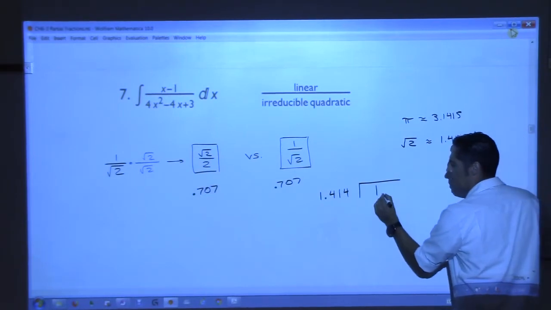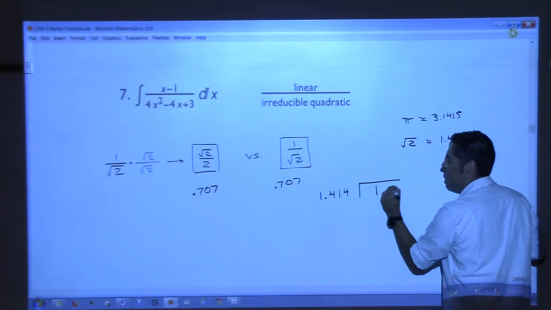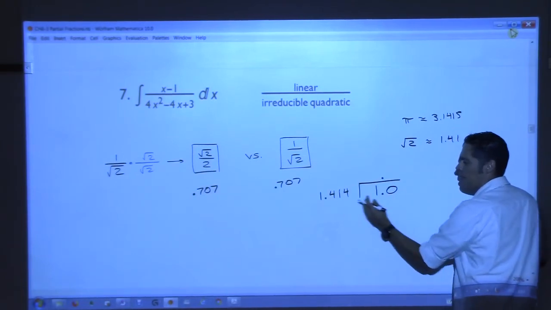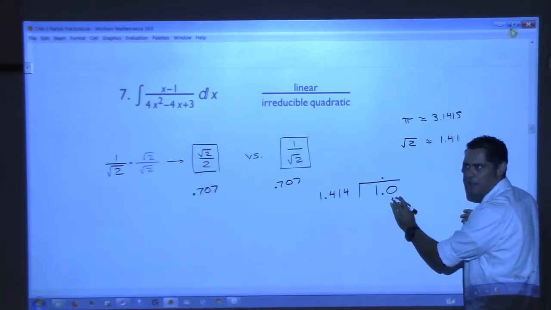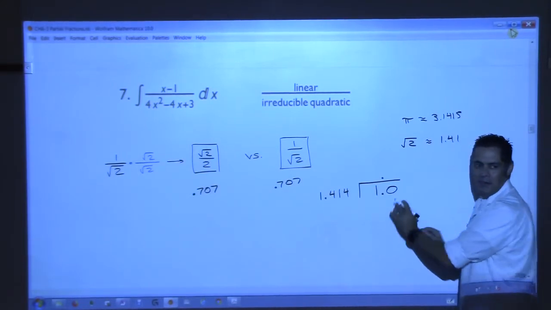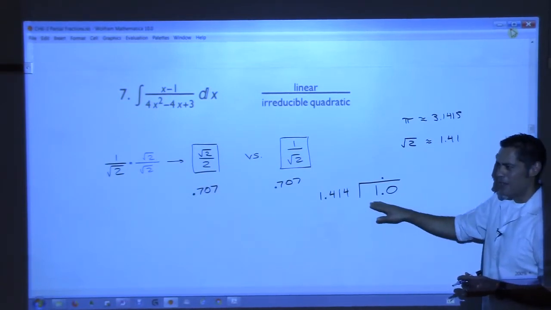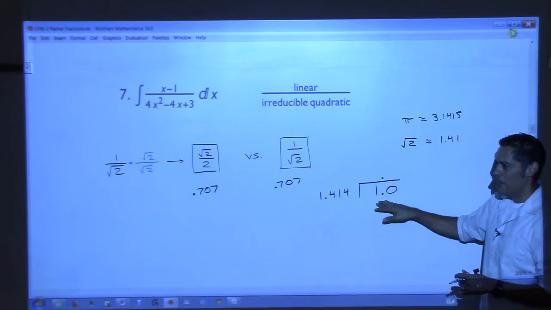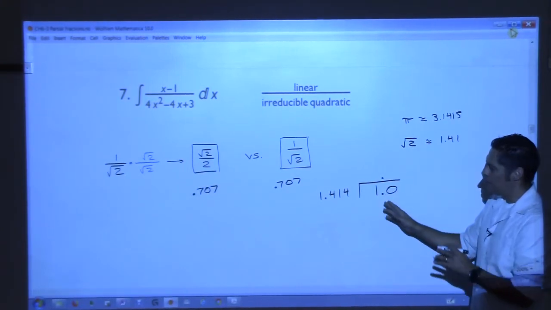First thing I do is say, does 1.414 go into 1? No, so I bring a decimal up. Then I think, does 1.414 go into 10? Yes. How many times? I don't know. Maybe about 6 times. That's kind of tough, right? Do y'all understand that's kind of tough? It's weird to do, I mean, it's going to be messy.